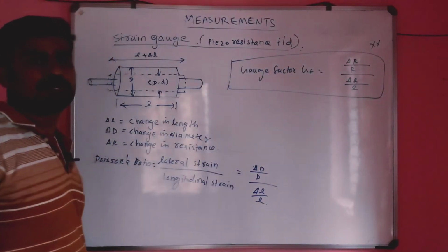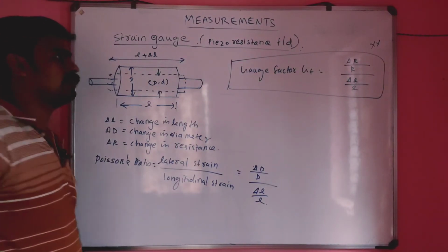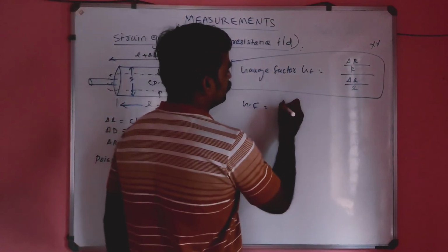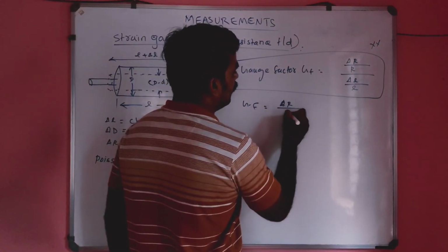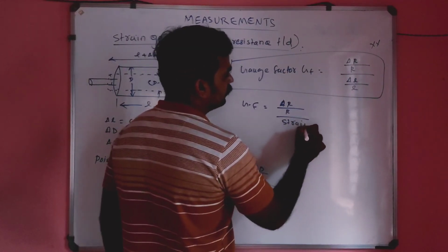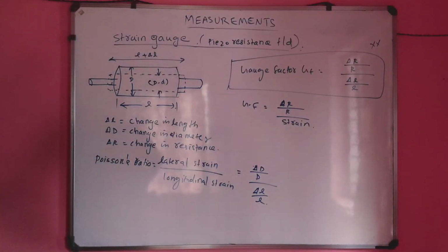Changing resistance with respect to the original resistance divided by changing length by original length. Or this can also be written like gauge factor is equal to delta R by R divided by delta L by L, which is nothing but, my dear, strain or longitudinal strain. Okay, that also you can explain like this.